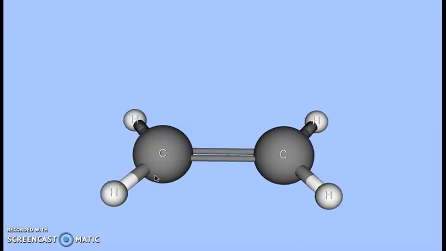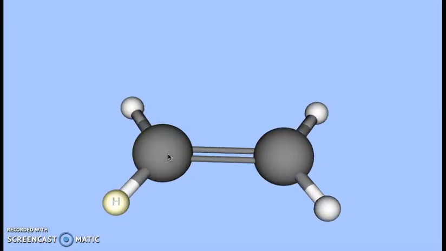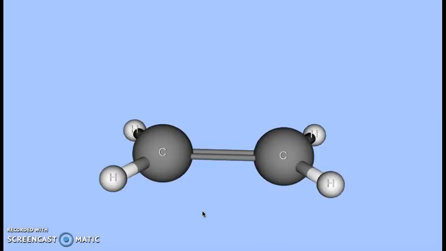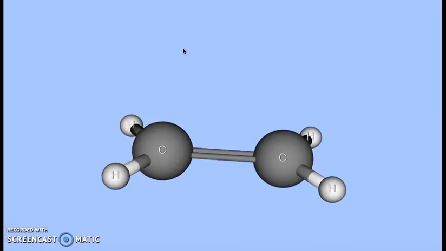And if we focus on the bond angles, the bond angle between this hydrogen, this carbon, and this carbon is 120 degrees approximately. And again, this hydrogen, this carbon, and this hydrogen is 120 degrees approximately also. Again, planar, and we can also look at the orbitals for this molecule.